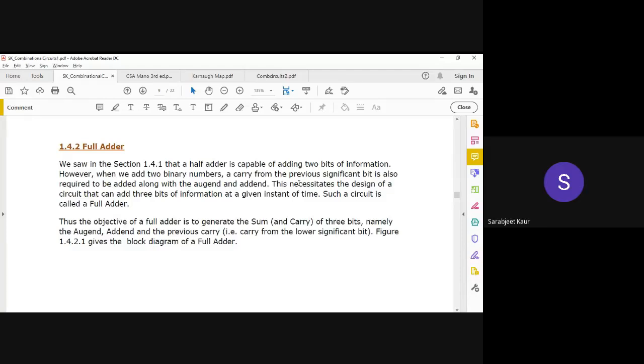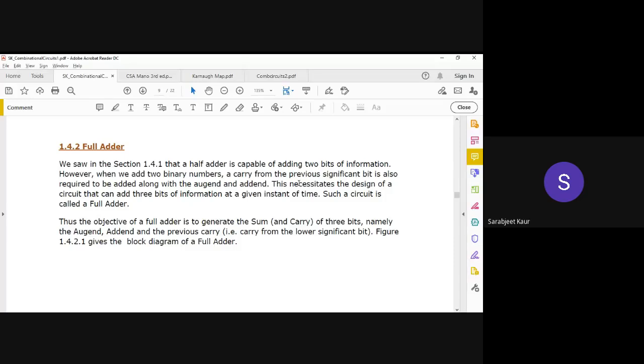If we get a carry towards the next position, the half adder will not be able to handle that. Because then at the next significant position, that is at the next bit level, it will have to add the 2 bits, namely the augend and the addend, and the third bit, the carry bit, which it will not be able to handle.